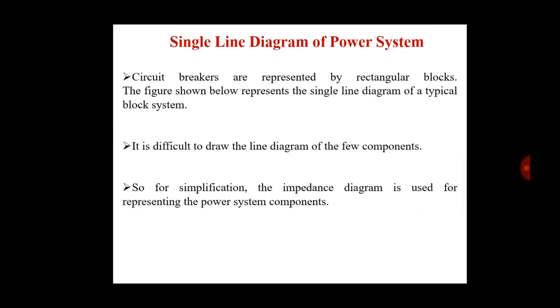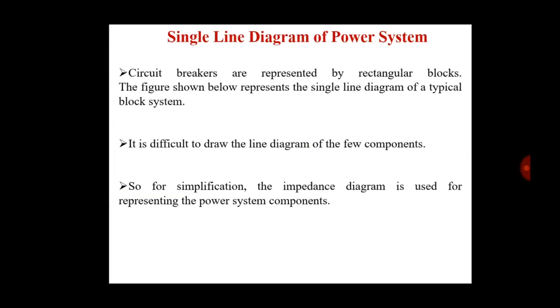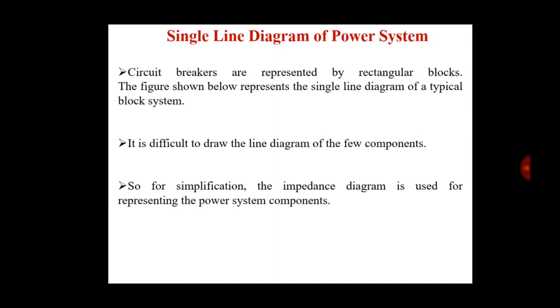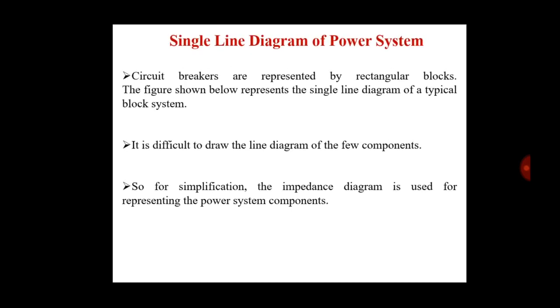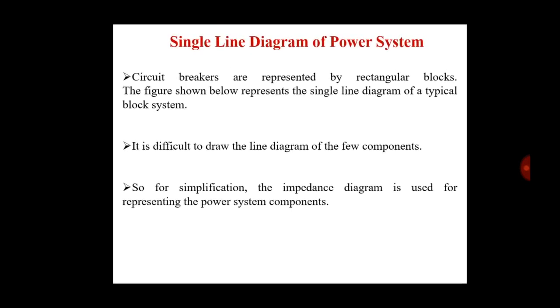Circuit breakers are represented by rectangular blocks. The figure shown represents the single line diagram of a typical system. It is difficult to draw the line diagram of a few components. In a power system, a number of components are used, and in a single line diagram it is difficult to draw use of some few components.